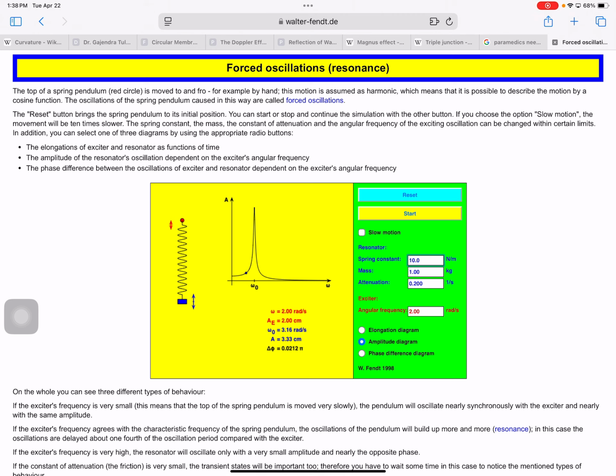Resonance is the phenomenon when the frequency of a driving force matches a natural frequency, you set up large amplitude oscillations.